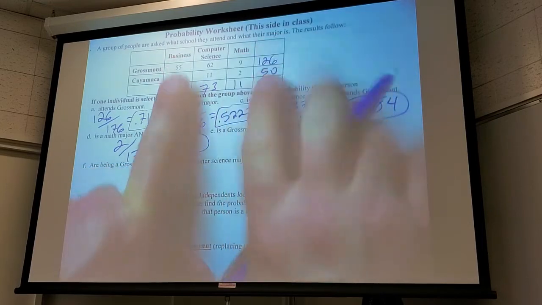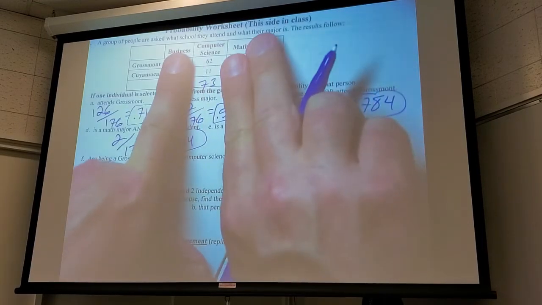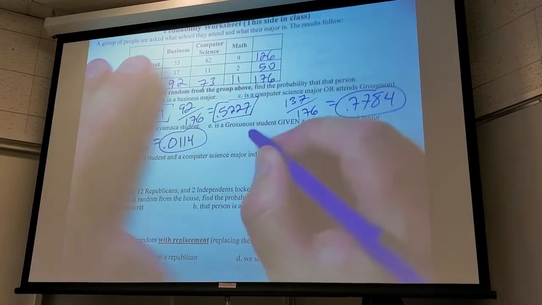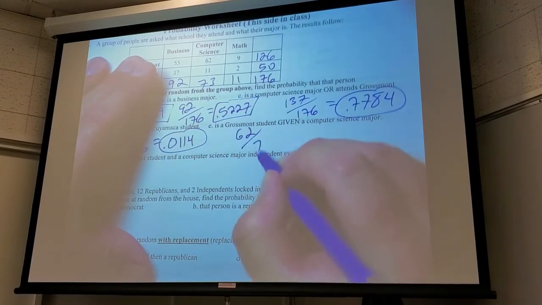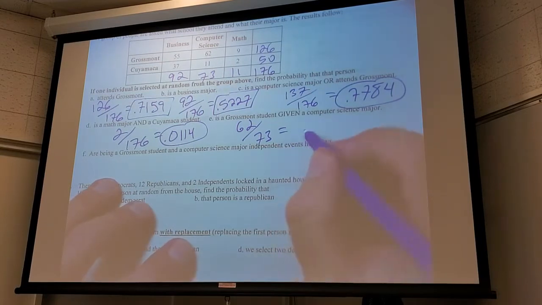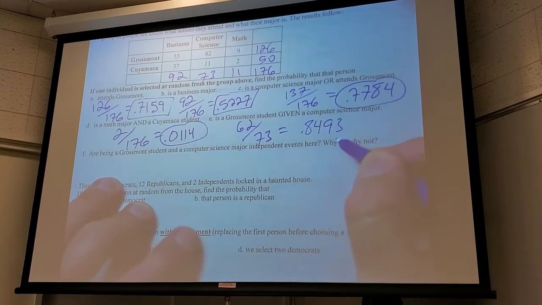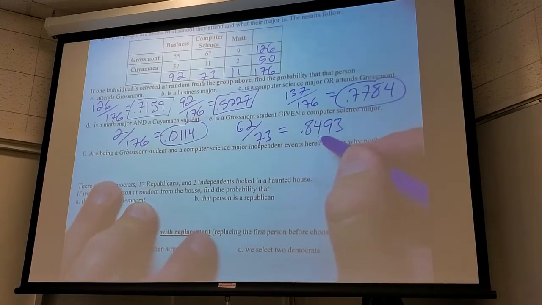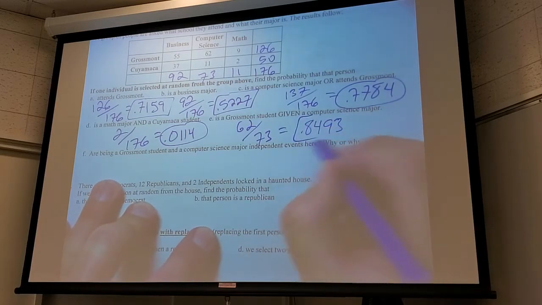Because now I just throw all these other people out. I know it can't be them. So it'll be 62 out of 73. 0.8493. 8493? Sounds about right. 8493. Oh, yeah. Okay. Again, I'm proud. I'm not even doing it myself, so you guys got to self-correct.